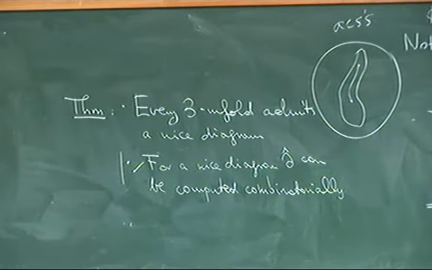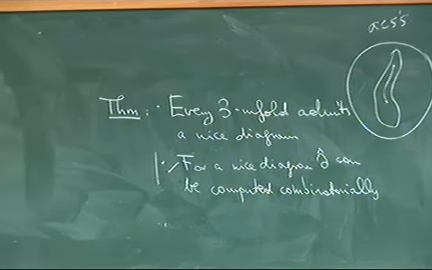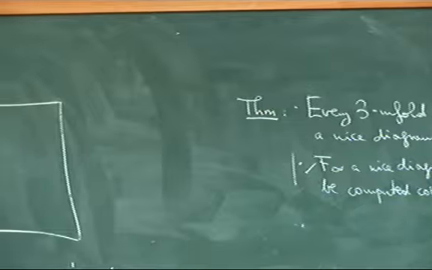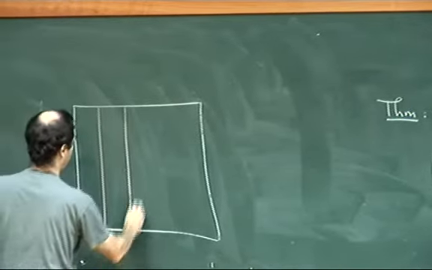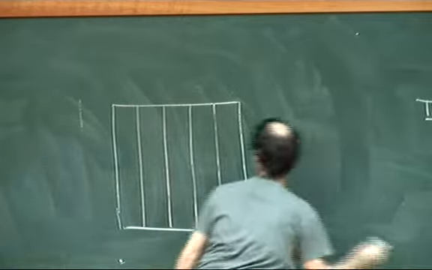But I would like to convince you that actually these nice diagrams are not that rare. One can easily come up with a nice diagram, but before doing that, let me just point out one thing. So you remember this Heegaard decomposition that I was showing to you as the first example.